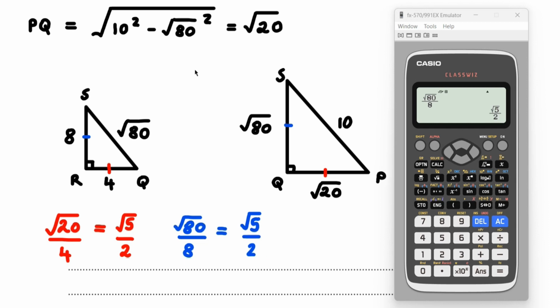And then if I think about the hypotenuse, this and this, I've got 10 over root 80, which is root 5 over 2.